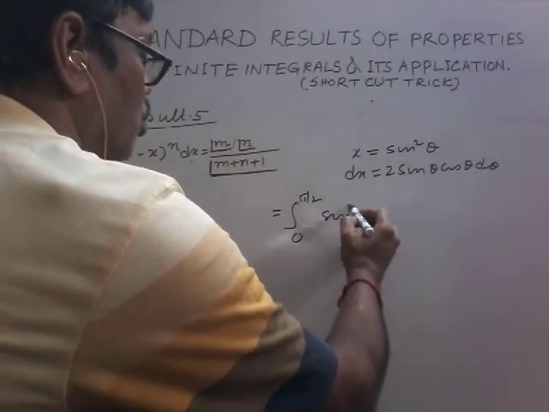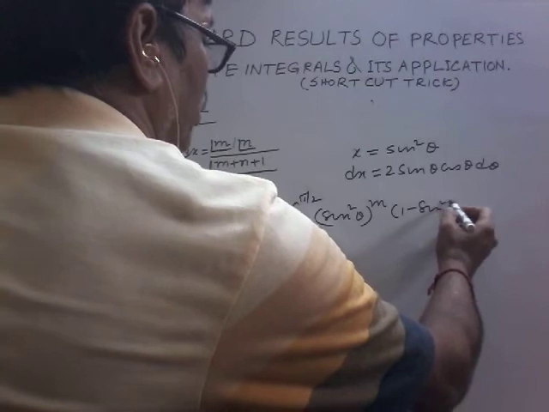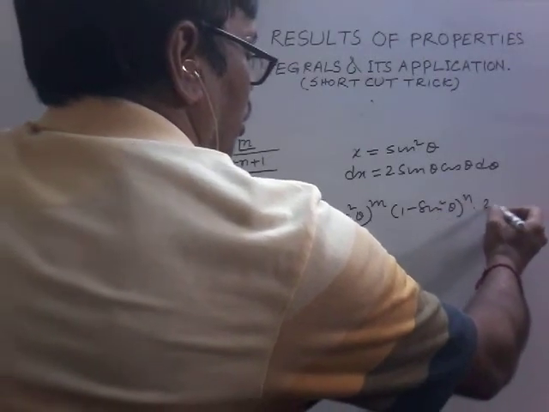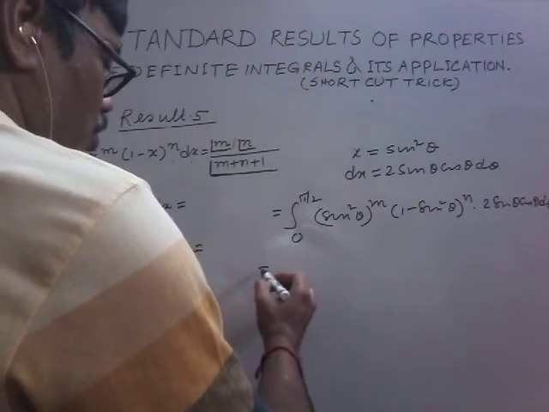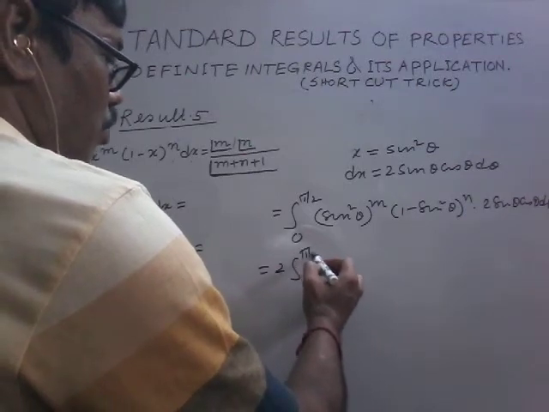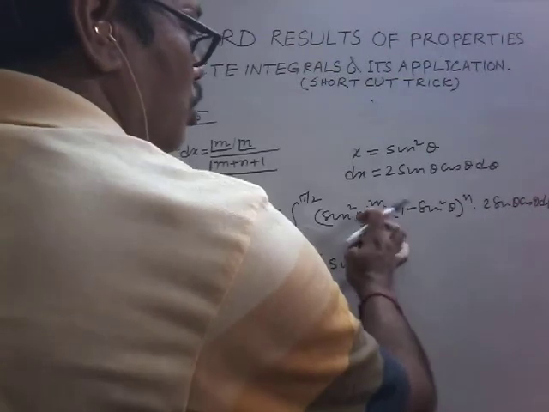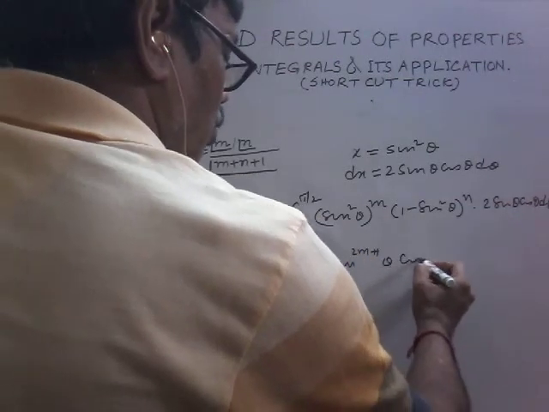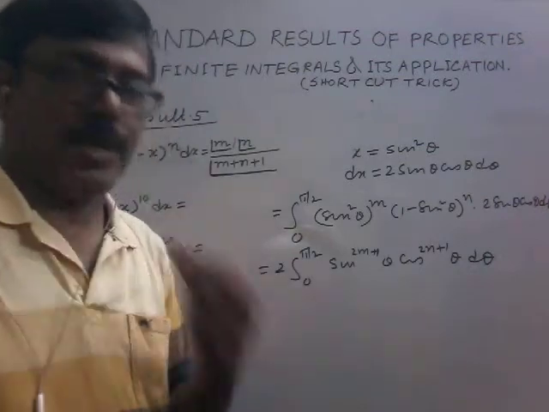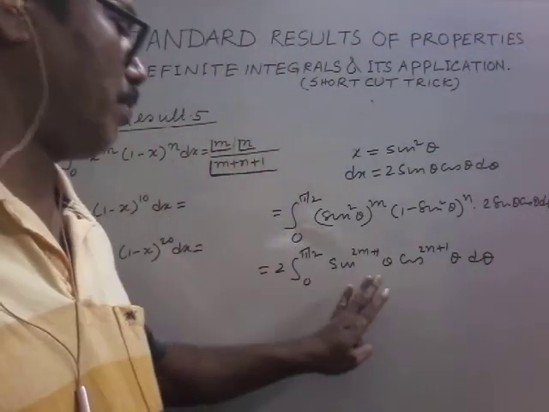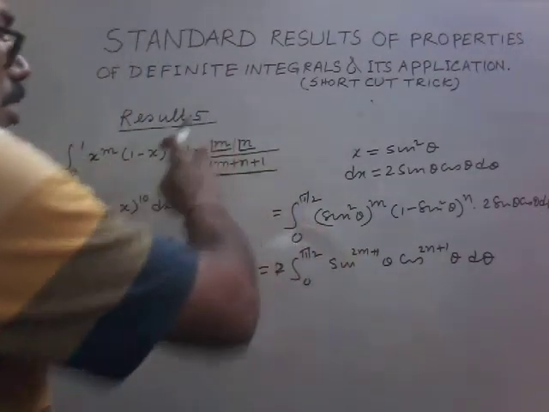So sine square theta whole to the power m, (1 minus sine square theta) whole to the power n into 2 sine theta cos theta d theta. So 2 outside, integral 0 to pi by 2, sine to the power 2m plus 1, cos to the power 2n plus 1 theta d theta. Using properties of the gamma function, you can easily deduce this result.